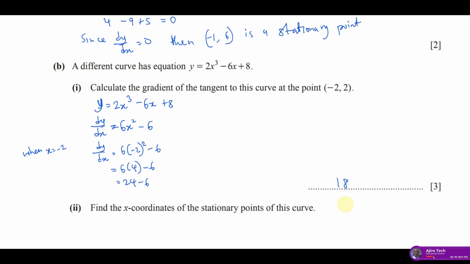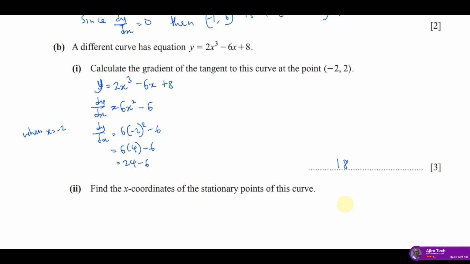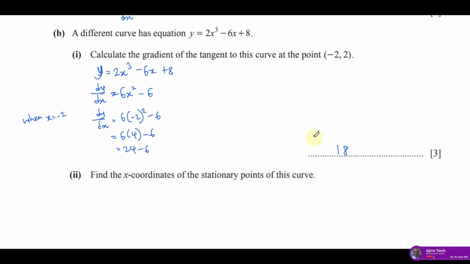Find the coordinates of the stationary points of this curve. At a stationary point, dy/dx should be equal to 0. So we go to our dy/dx as 6x squared minus 6. So 6x squared minus 6 gives us 0. Factorize 6 out. 6 into x squared minus 1 is 0.